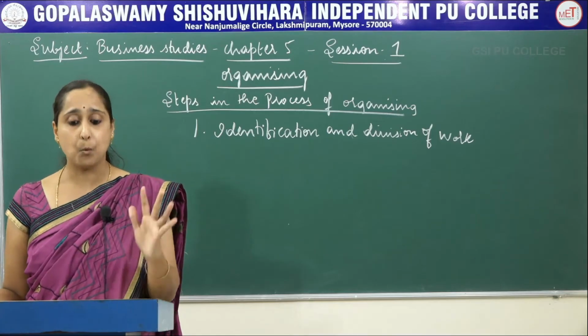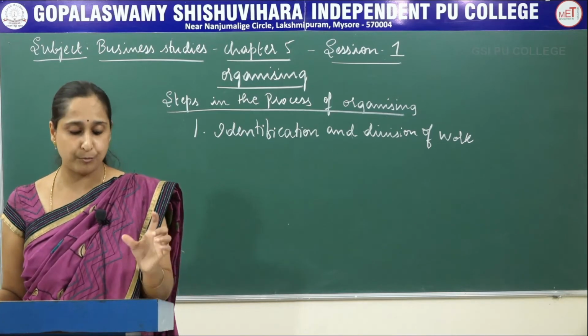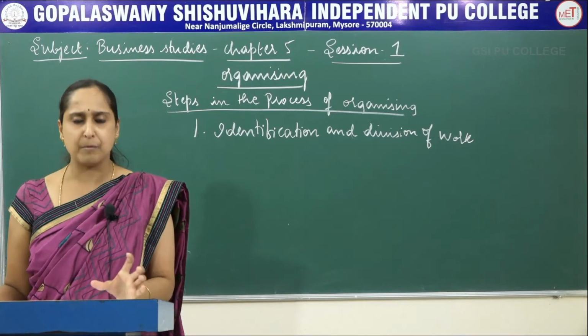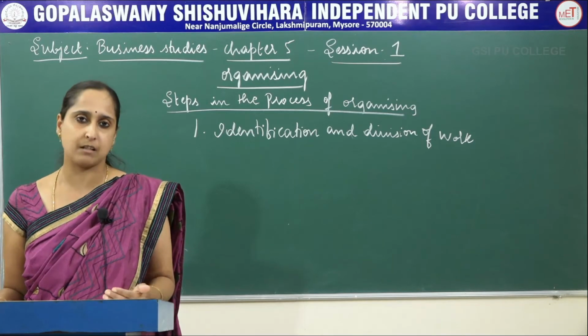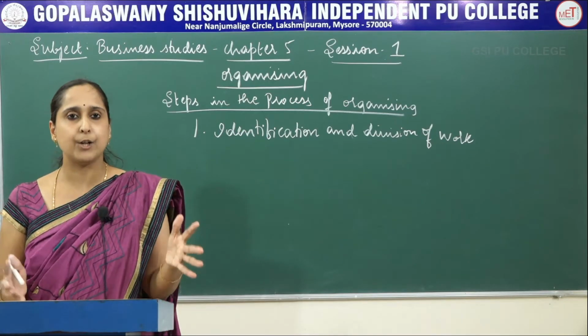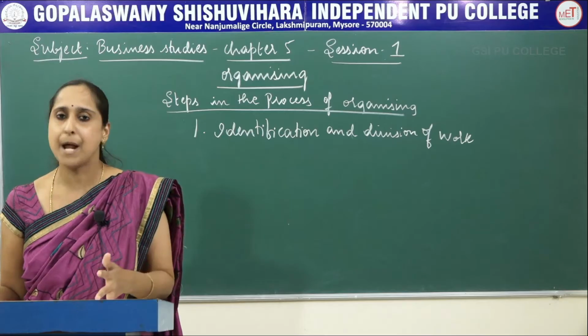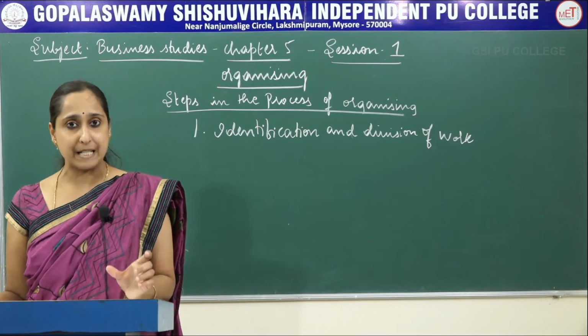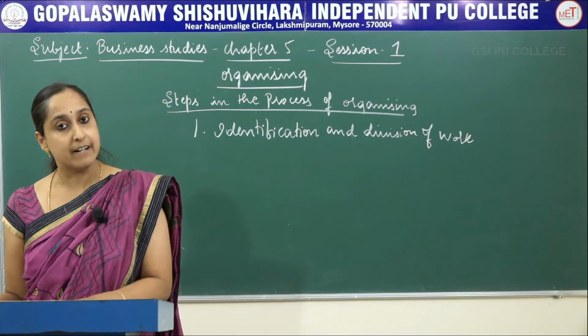So the total work to be done should be divided into specific jobs. So what is a job? Job is the work or the task which you do regularly, or maybe it is a set of related tasks that can be performed by an individual. So that job must be specific and definite.